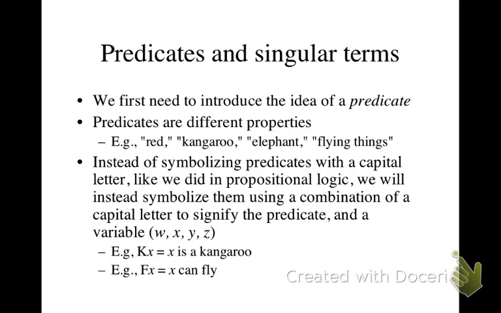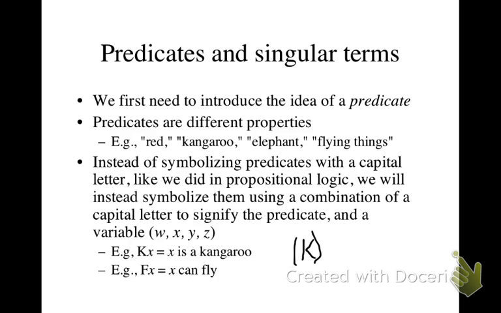We could say Ax stands for x can fly. But we'll normally use a letter that corresponds to the predicate that we're talking about. So we use Kx for x is a kangaroo, Fx for x can fly. And actually, Post-Pisal will indicate which letter in the predicate you should use by putting it in parentheses.